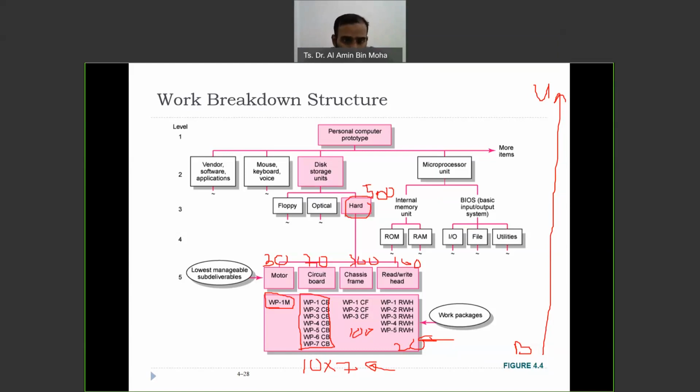The same thing you do here: estimation, and you're going to get the amount or price for this. The same thing here, you've got something here. So by knowing these two, you can estimate the price here. But let's say the optical here is 150. Let's say the floppy is 200. Okay, 350, 850. So we know that this storage unit is 850. So you're going to have estimations for here and here.